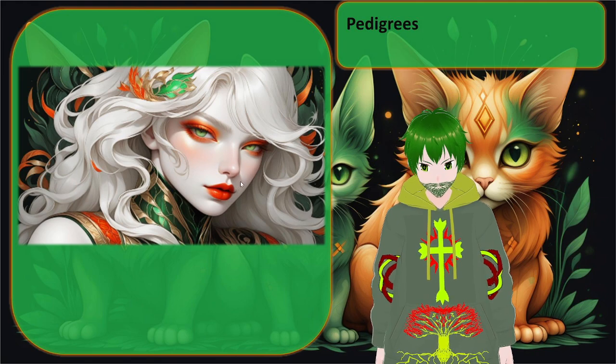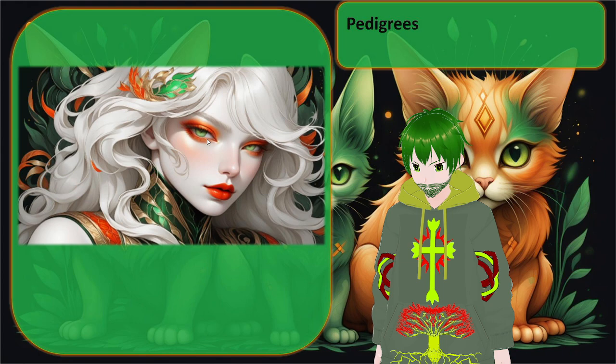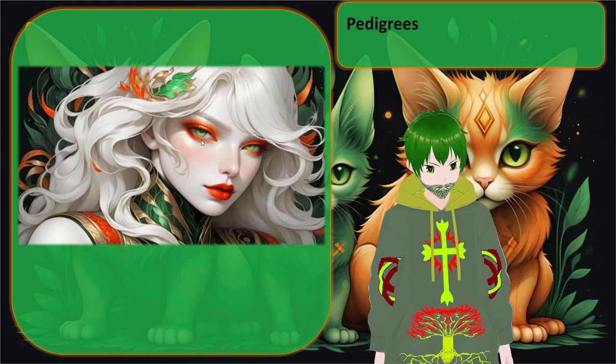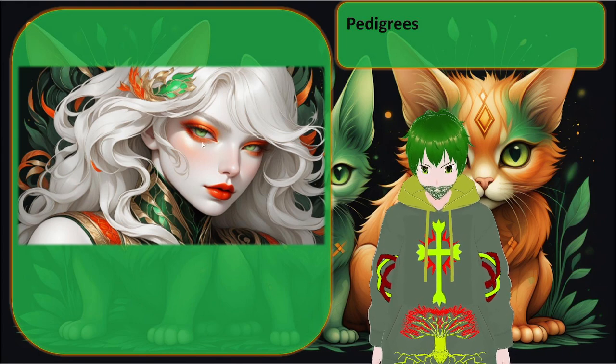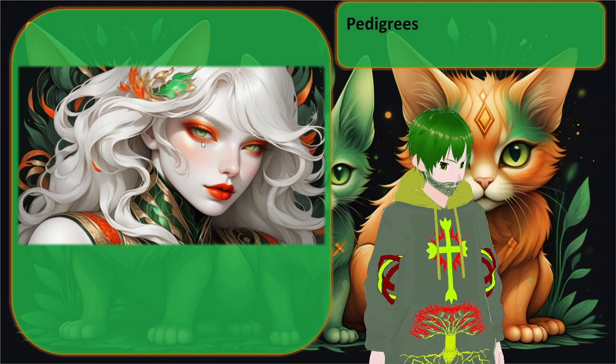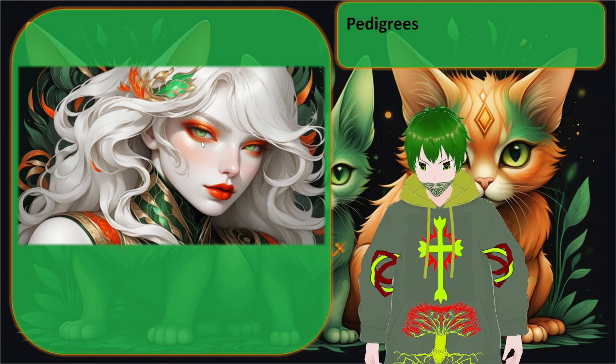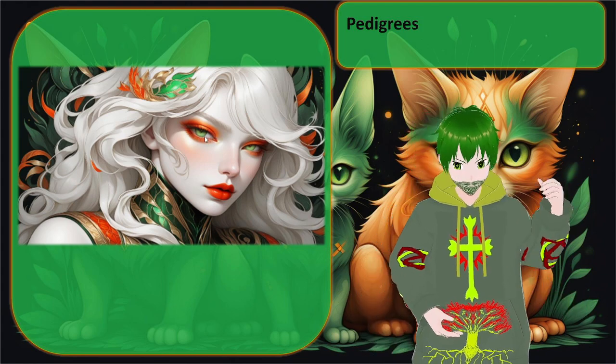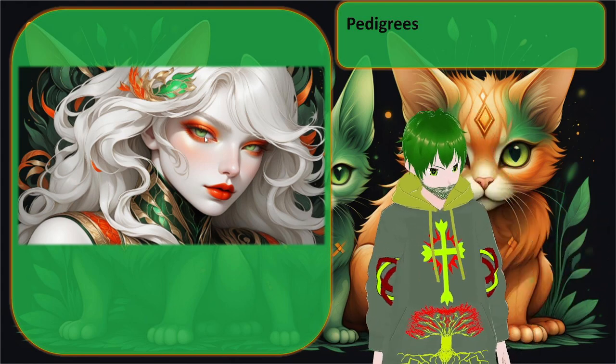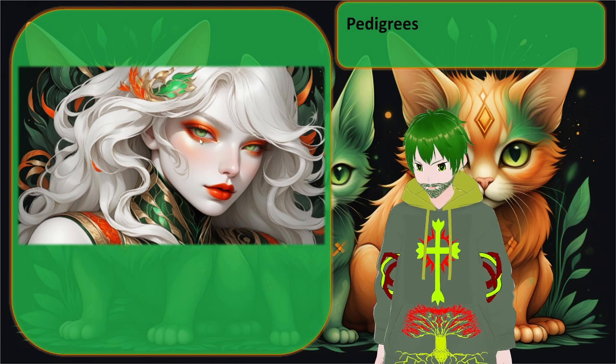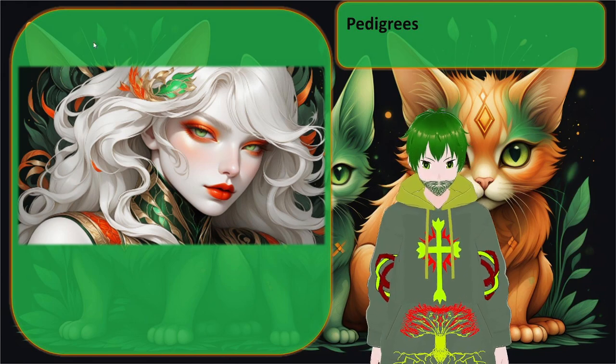This must be makeup in this case, and contacts to give color to the eyes, because the eyes would have a reddish hue to them due to the lack of pigment. So you would actually see the reflection of light from the vasculature, the blood vessels in the eyes, and it would make the eyes look red, not green like they are in this picture.